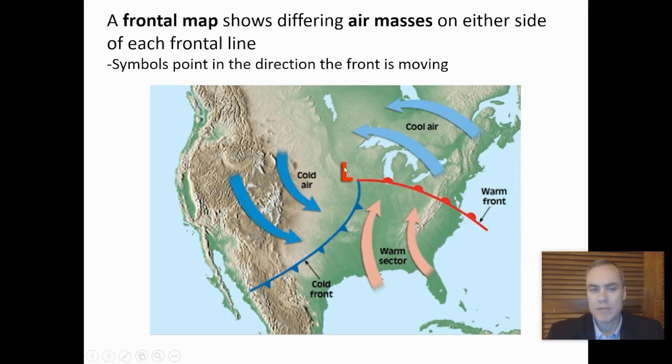So on this map, we have 1, 2, 3 air masses, cool, cold, and warm, and they're all meeting each other in two fronts. The symbols along the line, like the triangles or the semicircles, tell you in which direction the front is moving. So this cold front here is moving to the southeast, and this warm front is moving to the northeast.